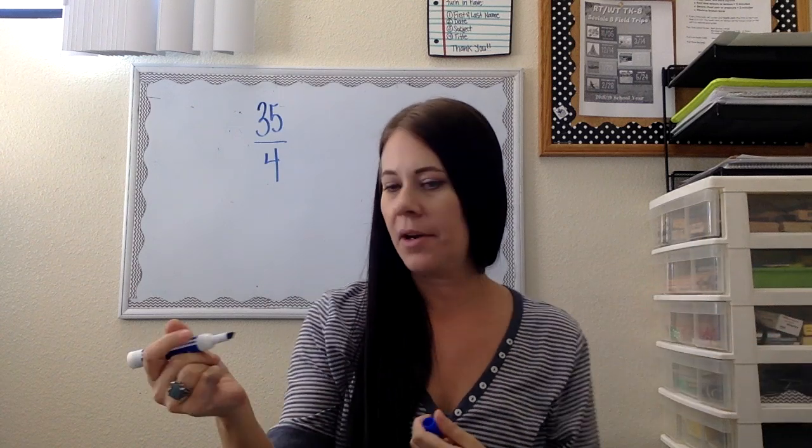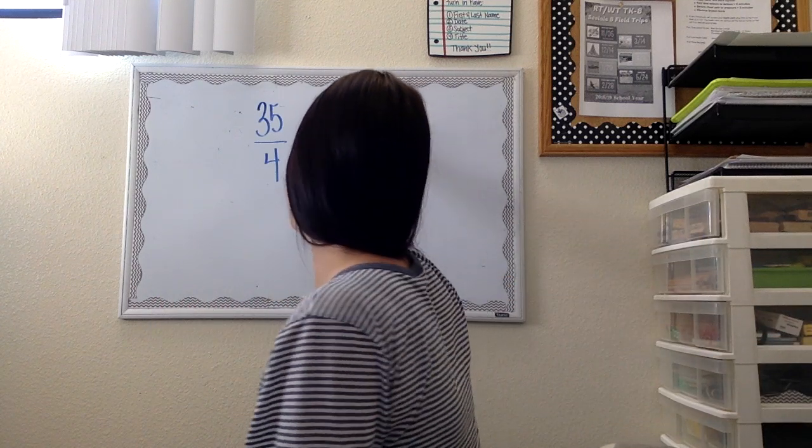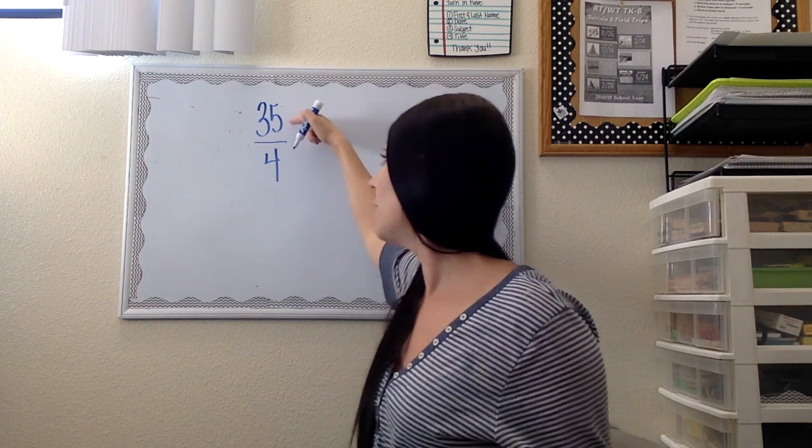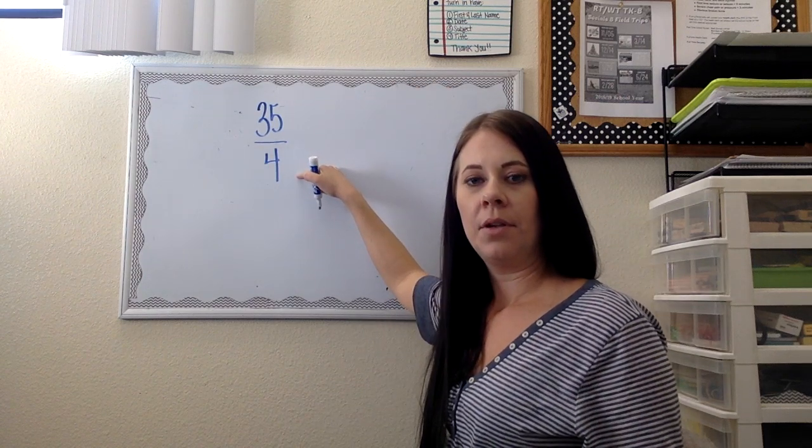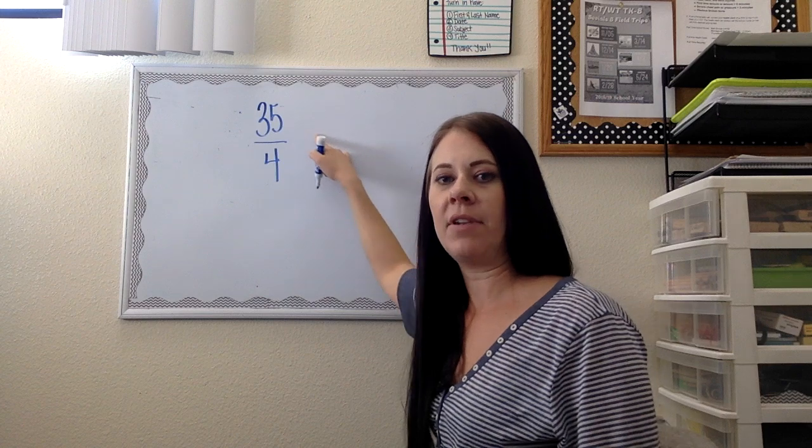miles. Now, his parents gave him $175 because they donated each mile he walks. So I want to know how much money they gave him for 1 mile. So I'm not going to divide this by 175.